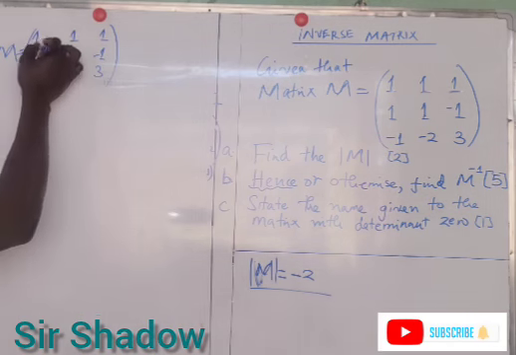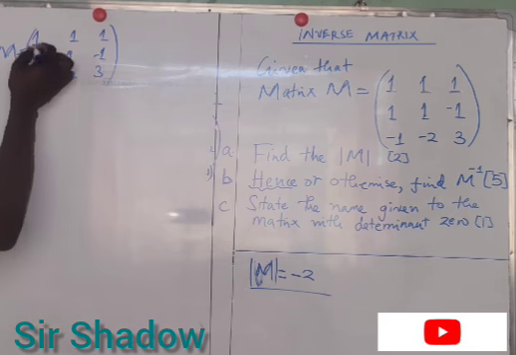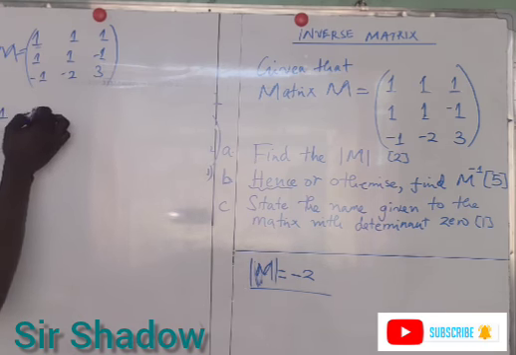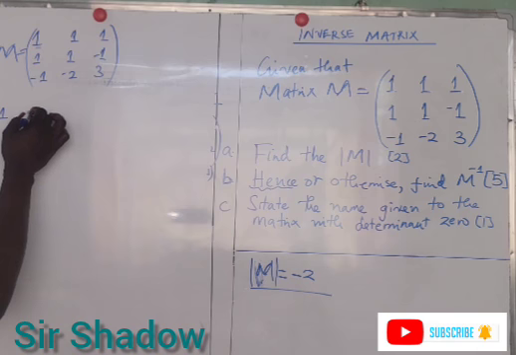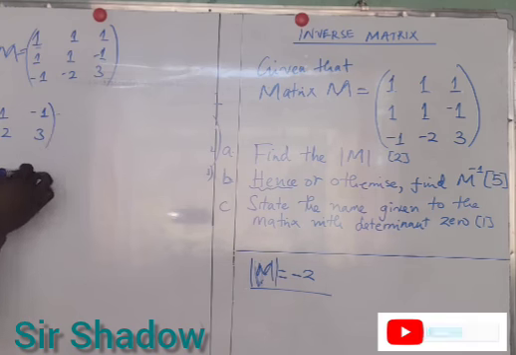For each entry, we collect the outside values. The first value 1 is collecting 1, minus 1, minus 2, and 3.